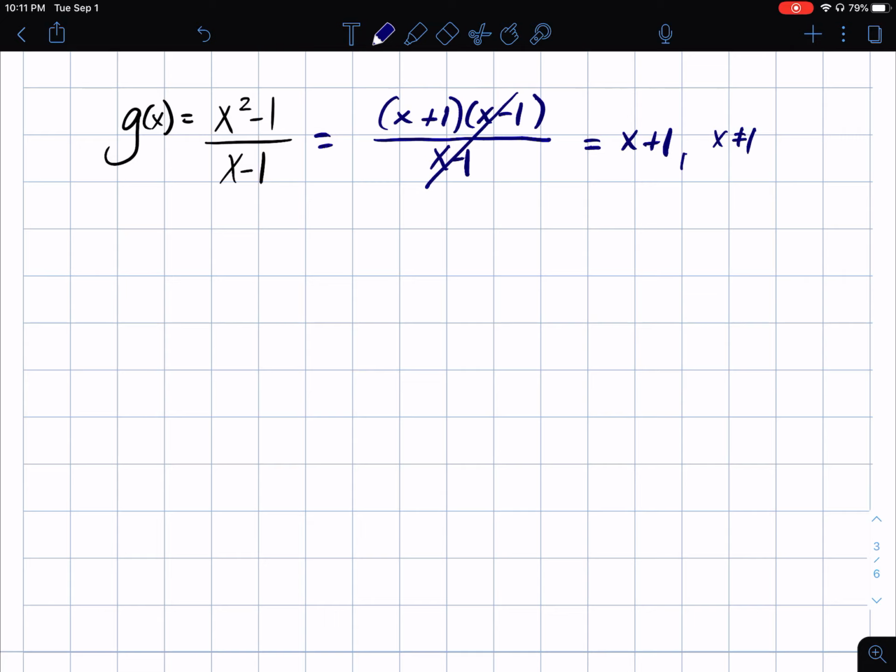So if we graph what this looks like, so it's the line x plus 1, and we know when x is 1, we're going to have a hole there. So the graph's going to look like that.